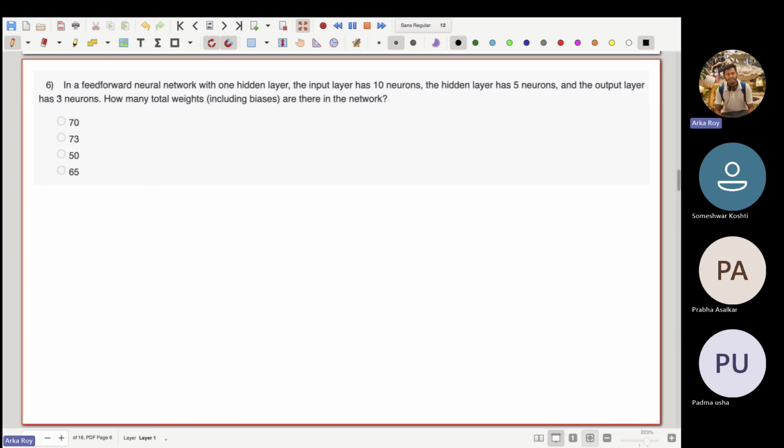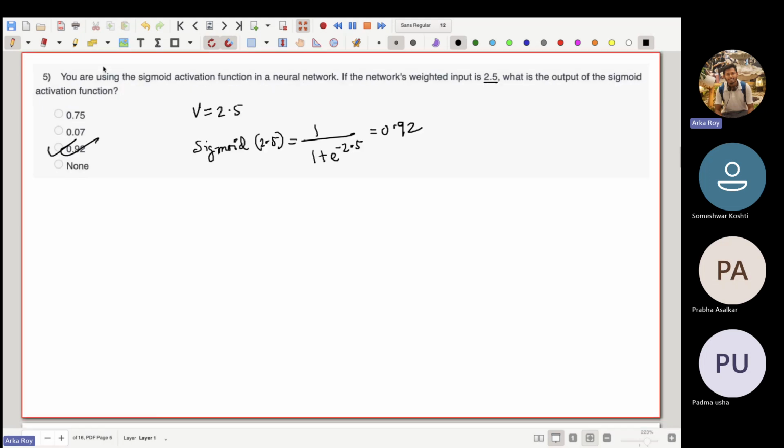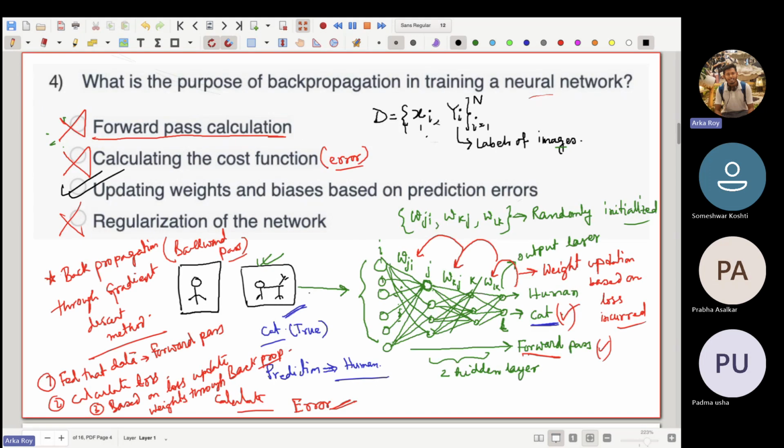Okay. Question 6 states that in a feed forward neural network. So you see the term is called feed forward neural network. Why is it called feed forward? Because at the time of training you need to do backpropagation, but when your model is trained, you will have an image and you just directly feed it into the trained neural network architecture, and the pass that it does is a forward pass.